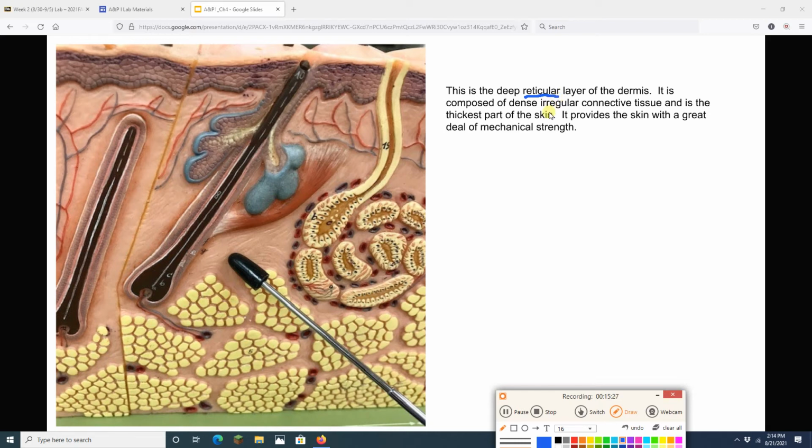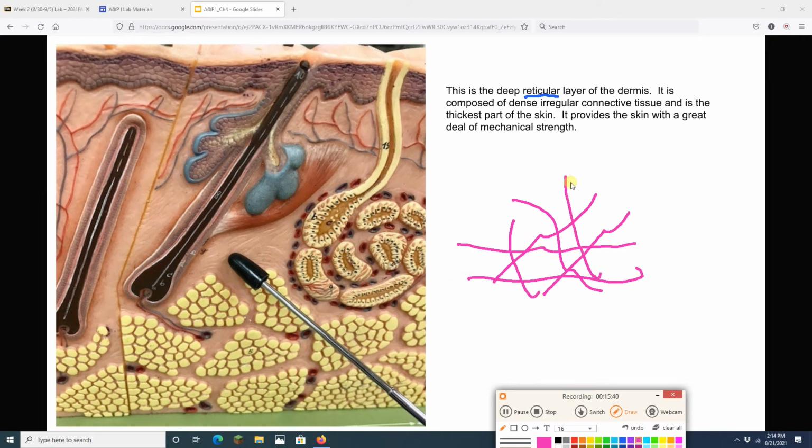The word reticular means like a net, and there's actually strong protein fibers in this layer made out of collagen, and the collagen fibers kind of go in all sorts of directions. And so someone said, hey, that looks like a net. And this multi-directionality of the collagen in this deep sublayer of your skin makes it really strong.